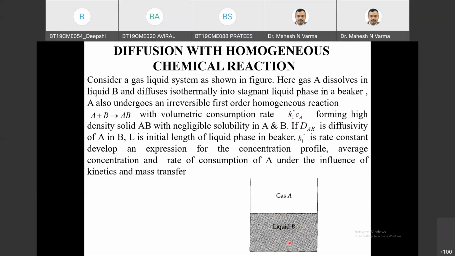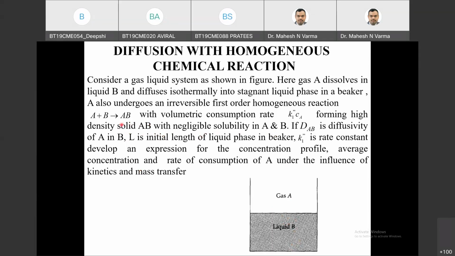As soon as it forms the product, it will not interfere in the reaction. That is why it is mentioned that it is a solid with negligible solubility in A and B. As soon as A reacts with B, it forms solid AB, and hence it will settle down.